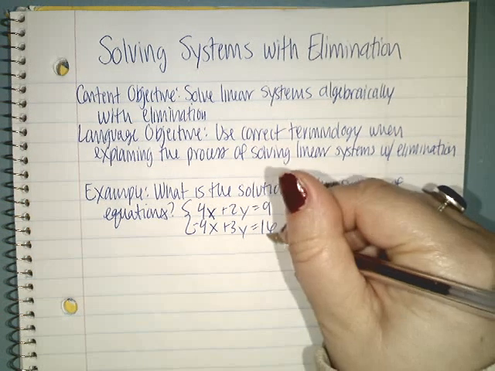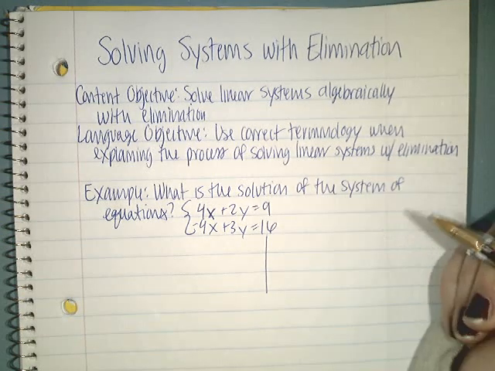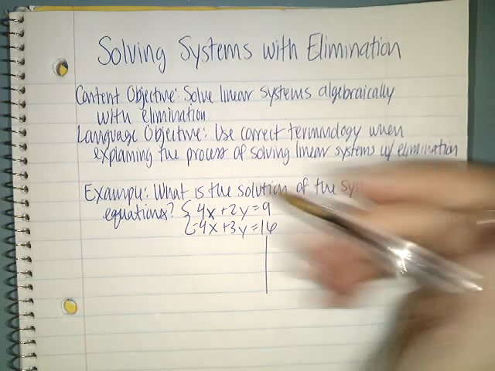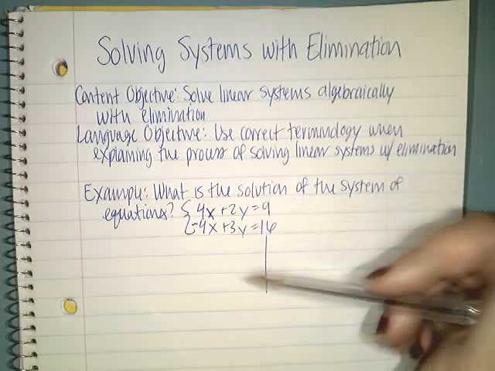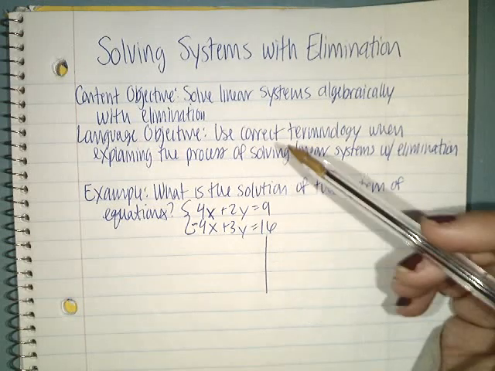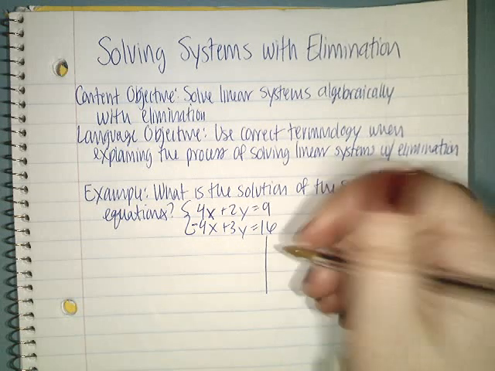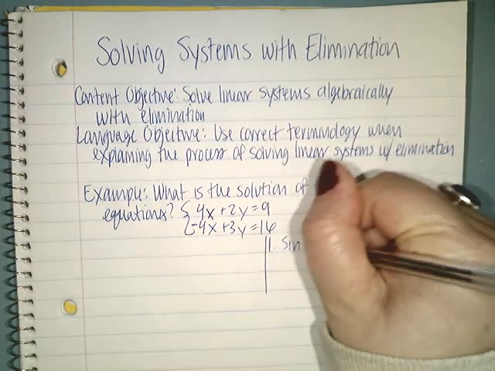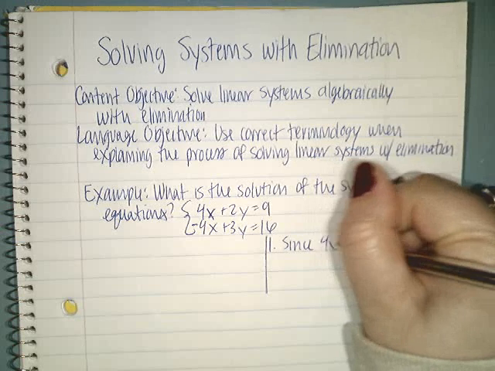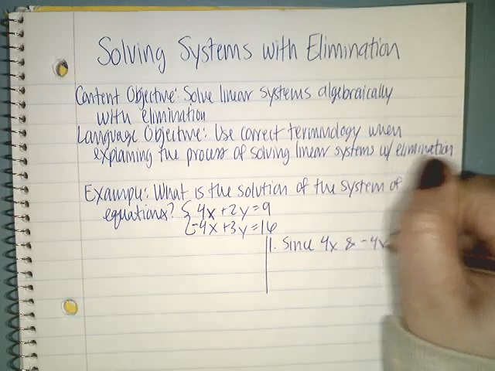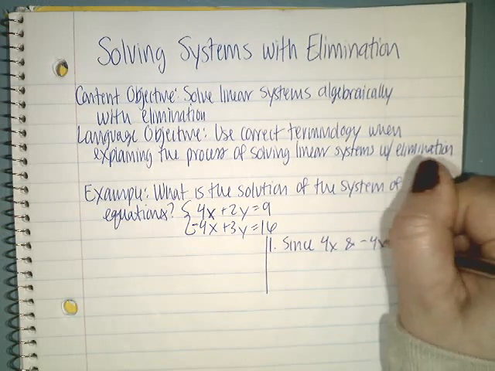So our first step is, if you remember how elimination works, you add equations down and it eliminates one of the variables. So in this first example, 4x and negative 4x are additive inverses.